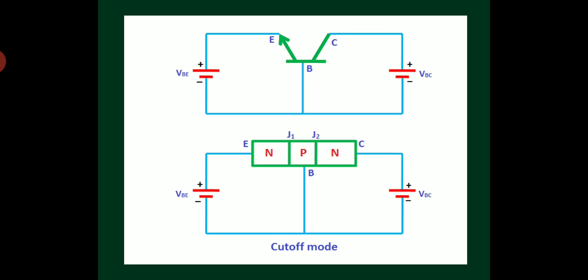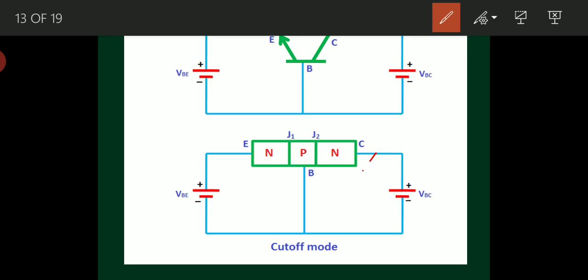Likewise, junction J2 is also reverse biased. VBC is the voltage given between collector and base. If the positive terminal of the voltage source is connected to the collector, and the negative terminal is connected to the P-type base, it will form reverse bias.